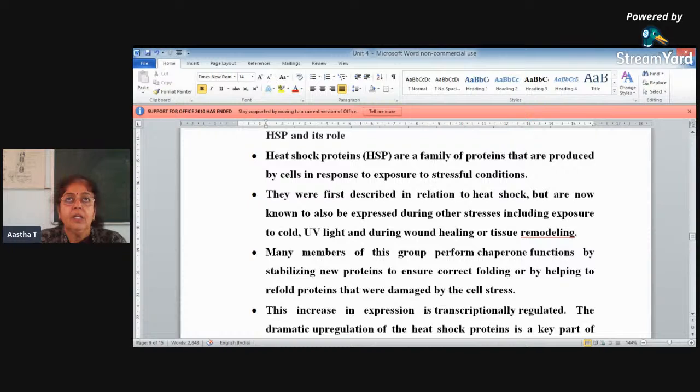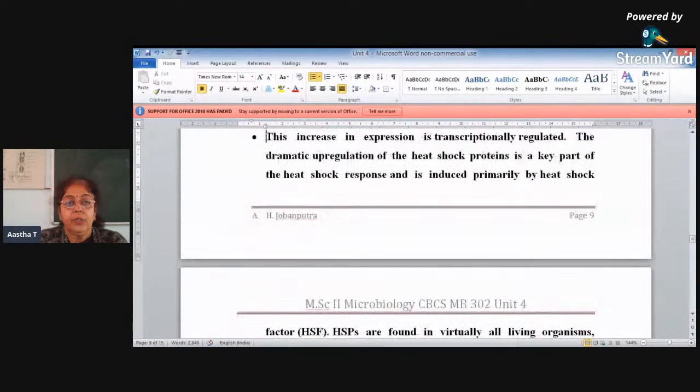In that case, chaperone function helps to stabilize those proteins, and this chaperone function is carried out by some heat shock proteins. So increase in the expression is transcriptionally regulated. That is, more and more chaperones or HSPs will be synthesized only when the stressful condition arises, and that is controlled by the process of transcription.